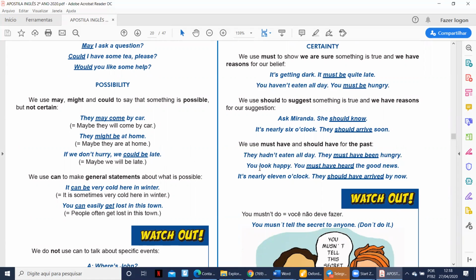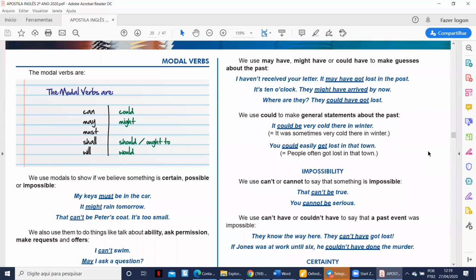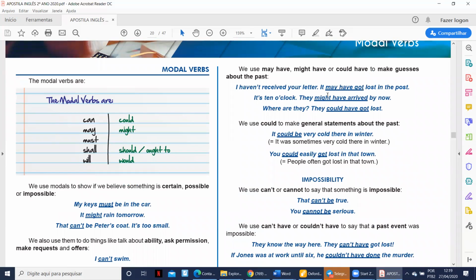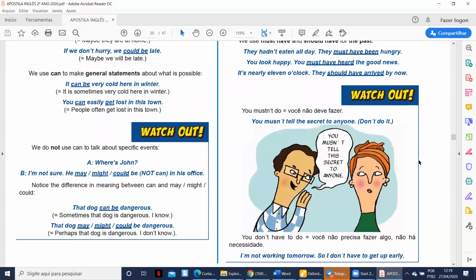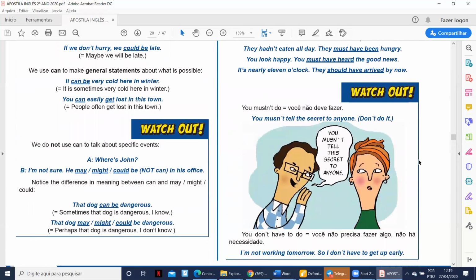Another example, you look happy. You must have heard the good news. So it's kind of the same idea. When it comes to present and past, using have with must and with should is the same idea as using have with may, might, and could. Okay? The same idea. And again, watch out.